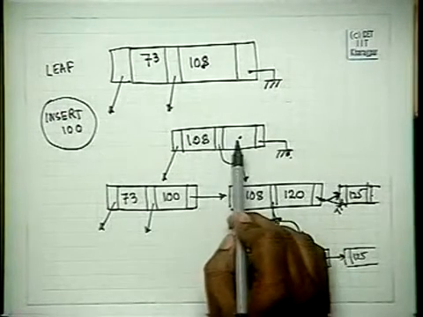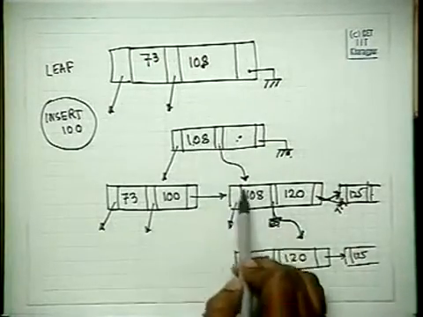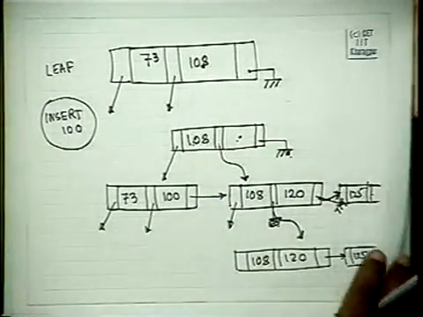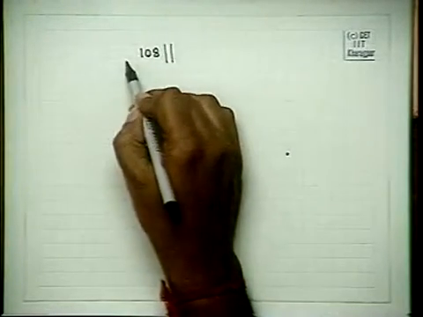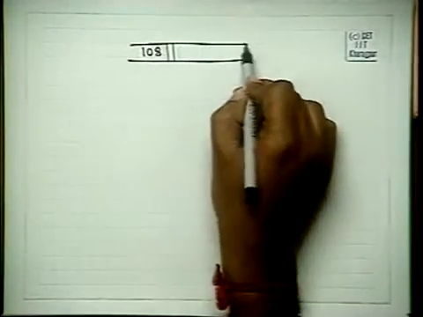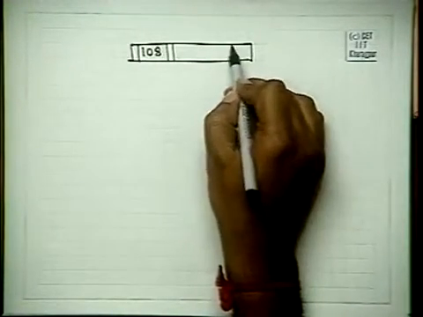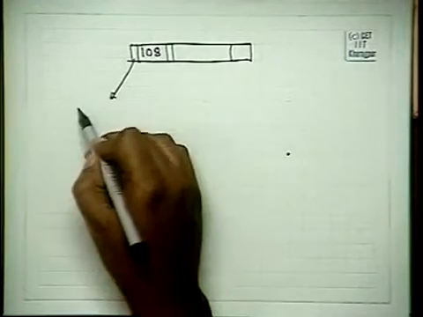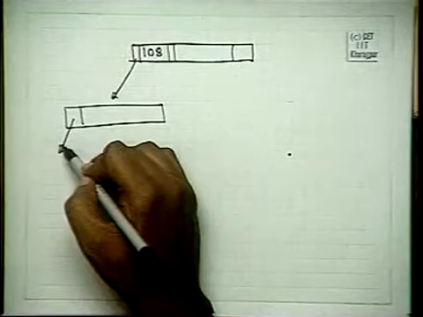Alright, the value here will be the minimum below this. So after that insertion, my tree will look like this.